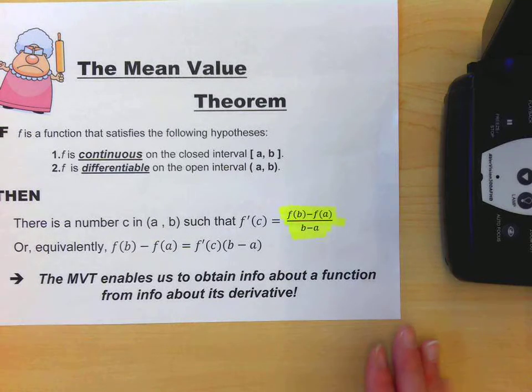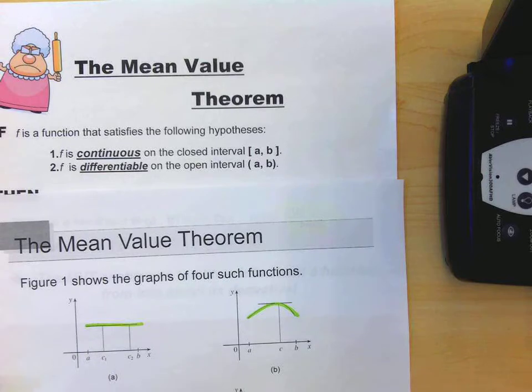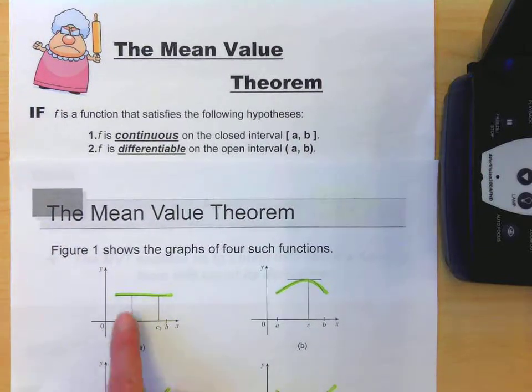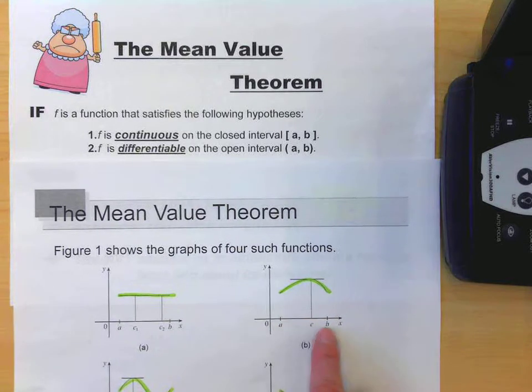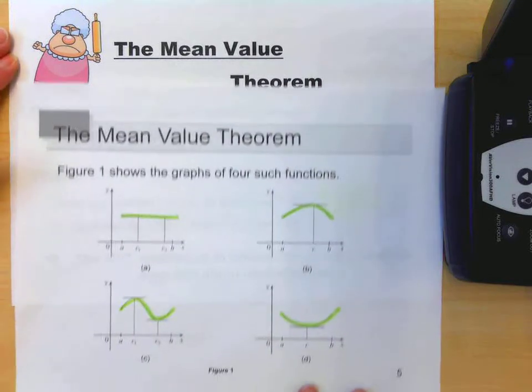Let's look at a few graphs of some functions that satisfy the hypotheses of the mean value theorem. So here we have a constant function. A constant function is continuous and differentiable from a to b. And then we have another function that from a to b is continuous and differentiable. Two more.